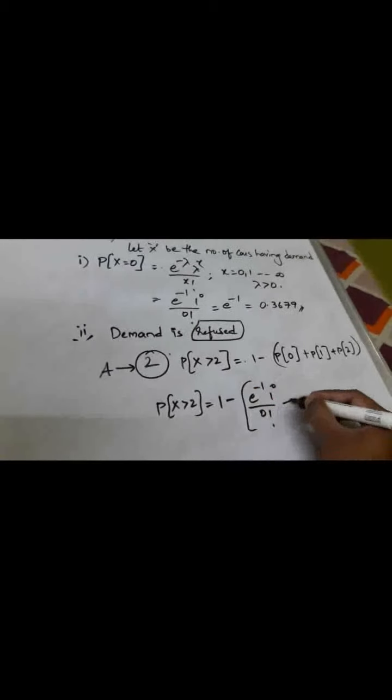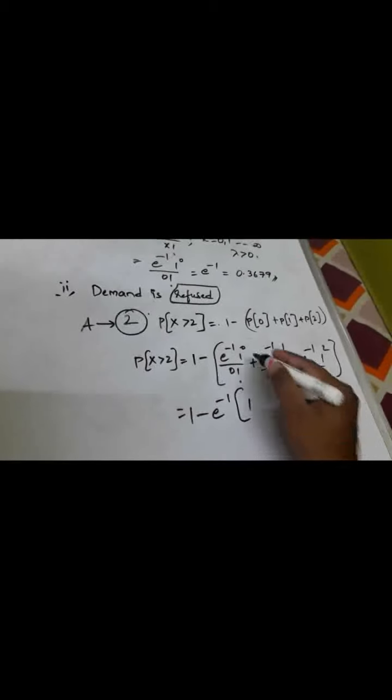1 minus of e power minus 1, 1 power 0 by 0 factorial, plus e power minus 1, 1 power 1 by 1 factorial, plus e power minus 1, 1 power 2 by 2 factorial. 1 minus of e power minus 1, take it as common. Anything power 0 is 1. 1 plus, here 1 square by 2.